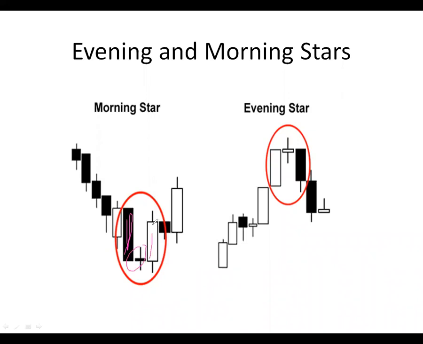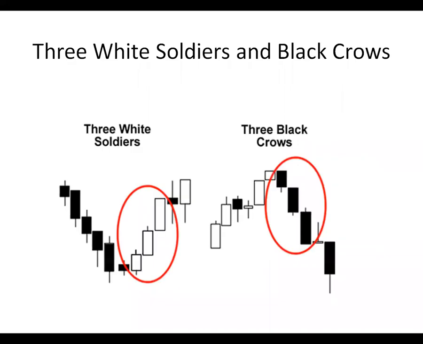The next candle that forms is more than half of this candle. Same thing here. Bullish candle, indecision in the market. The next candle that forms in the opposite direction is more than half of the bullish candle. Once you spot that, then you know you are seeing either a morning star or even evening star pattern. Is that okay? Let's move to the second pattern.